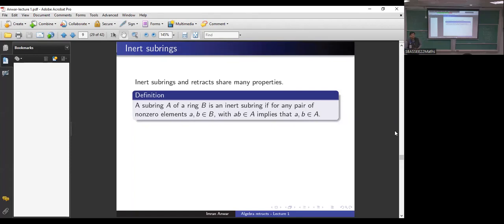But now the property is having something more interesting, that you say that the product is in B, but we have to assume that the product AB is in A, and it implies that both of them are in A. Okay. Let me just write it down here for more clarity.